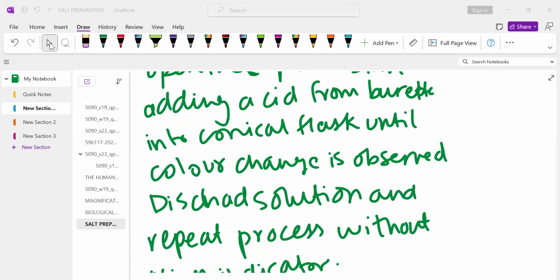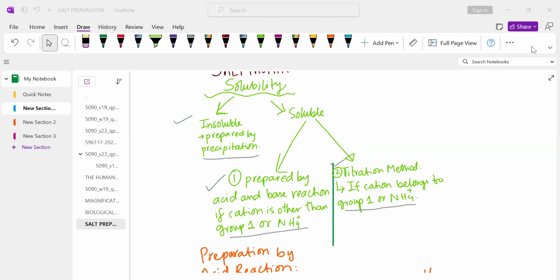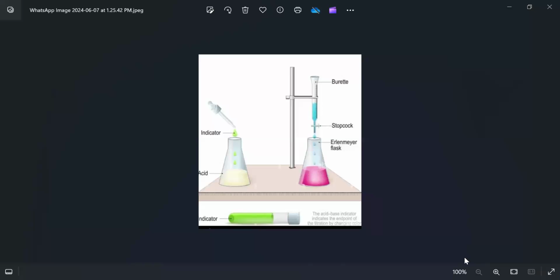Okay, let me show you an image of the burette, pipette, and conical flask so you can have a better understanding of this. So let me share the screen. I hope it is visible. You can see in this image, this one is the burette.